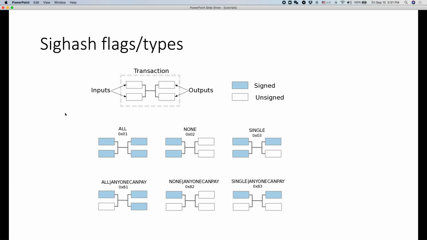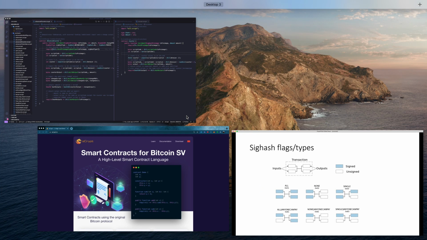So what can we use this for? Many times you have cases where you don't want to sign all the inputs plus all the outputs, because you want to have the flexibility to mutate or manage the inputs or some part of the outputs after you have signed. Let's see one example.